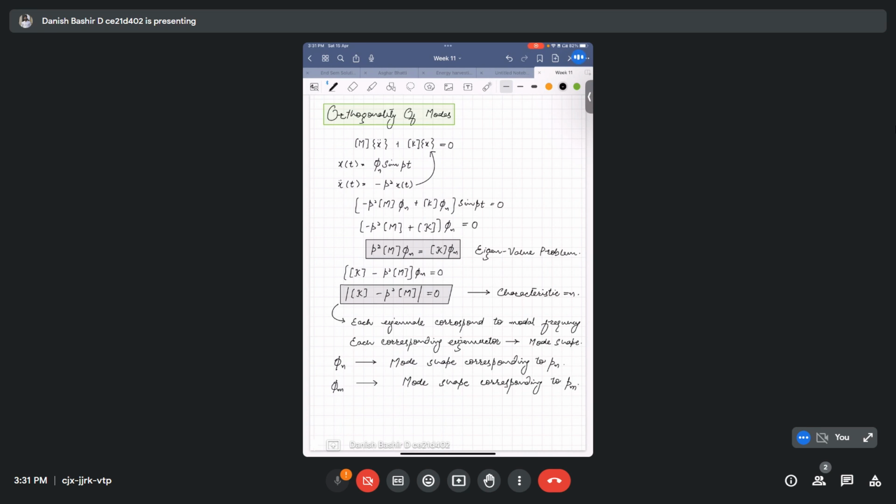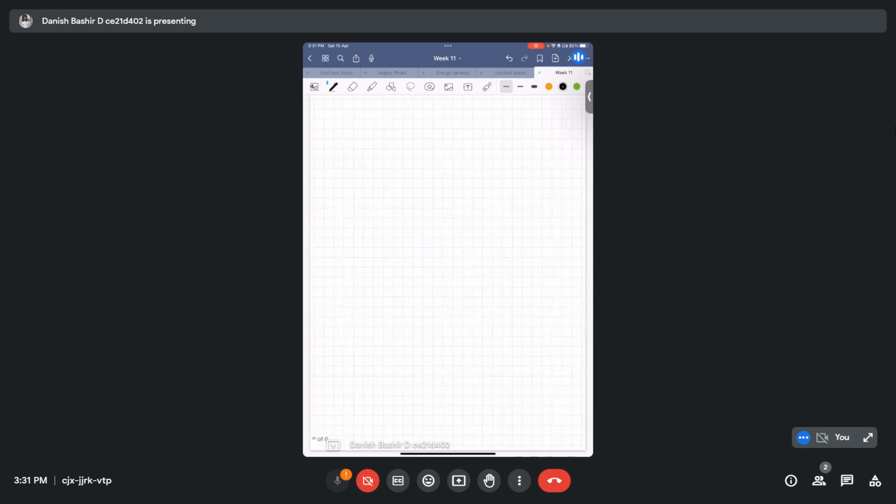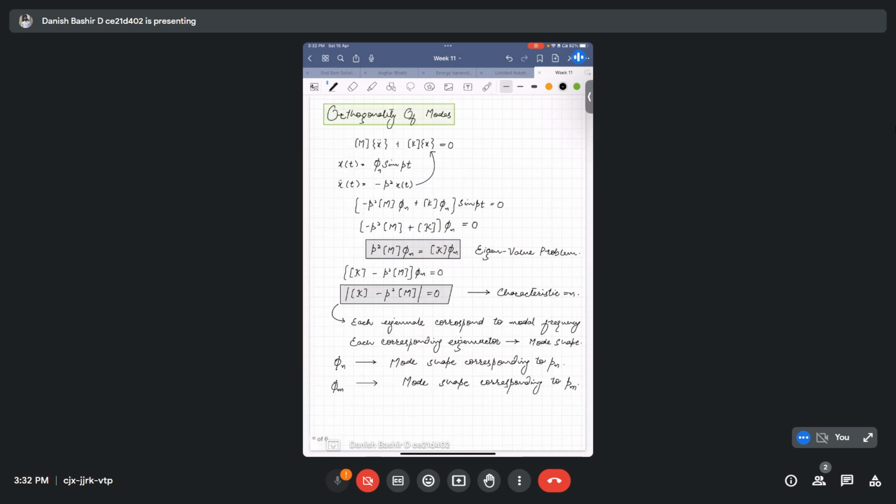Okay. So what does orthogonality of modes read? Orthogonality of modes states that if we do phi n transpose times the stiffness matrix of the system times phi m, or we will term this as phi r. It will be convenient for us.